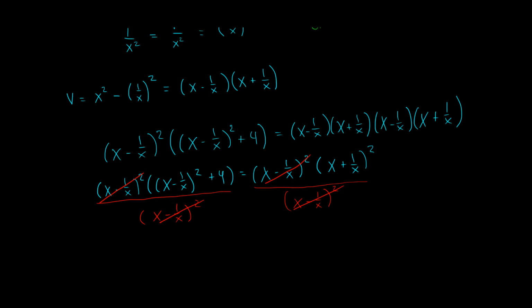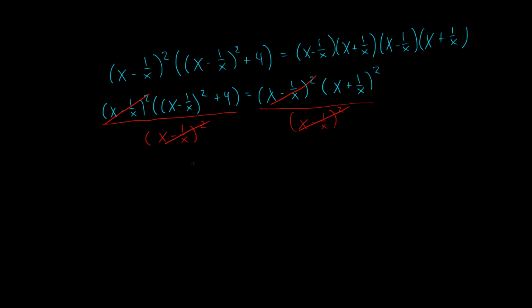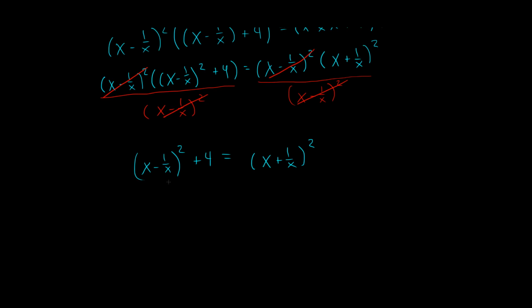So now we removed a decent chunk of the math that we have to work through. Now what do we have left? We have x minus 1 over x quantity squared plus 4 equals x plus 1 over x quantity squared.